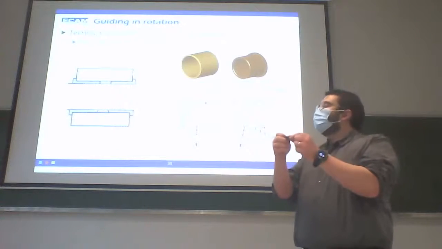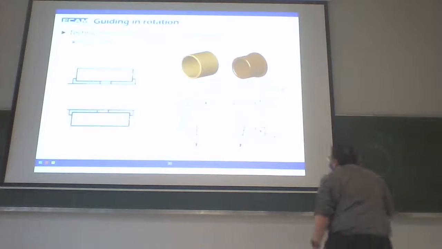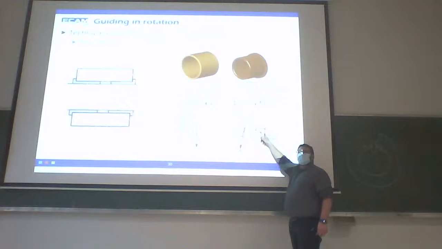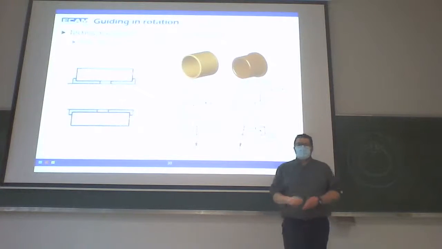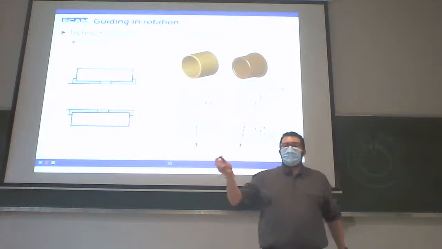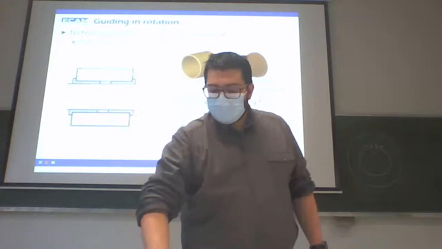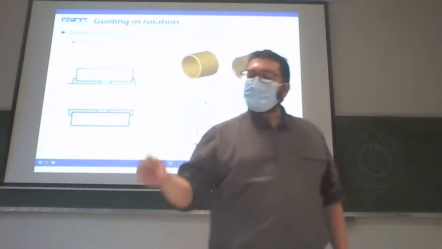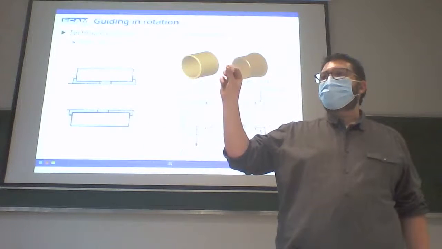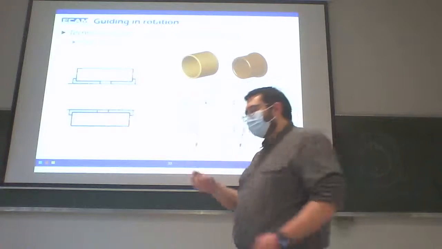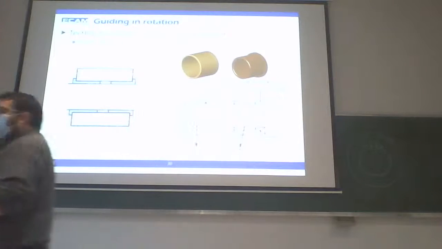And we can use this bush here to stop also the translation, on the shoulder. Most common use is in copper, but you find them also in plastic. I review the part.